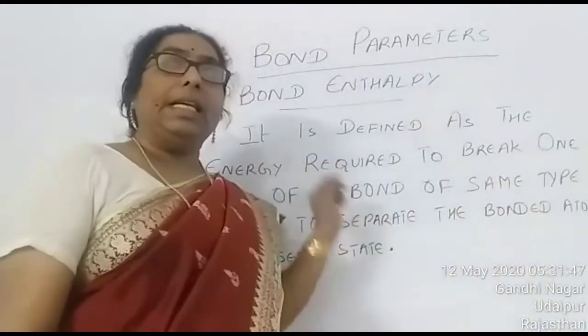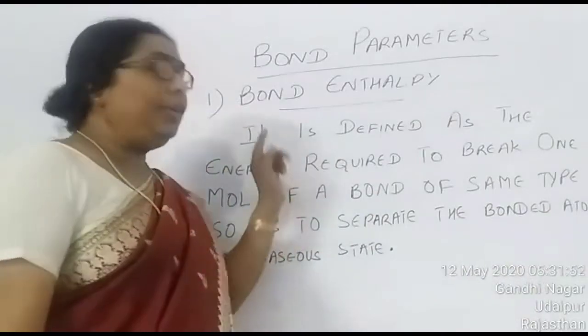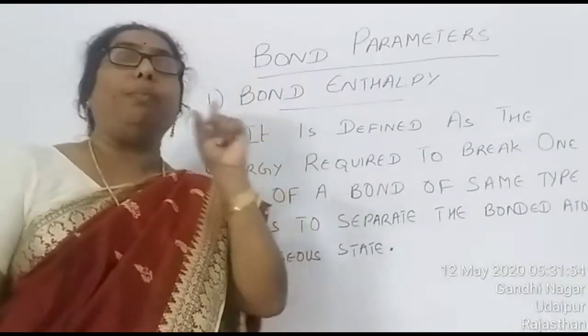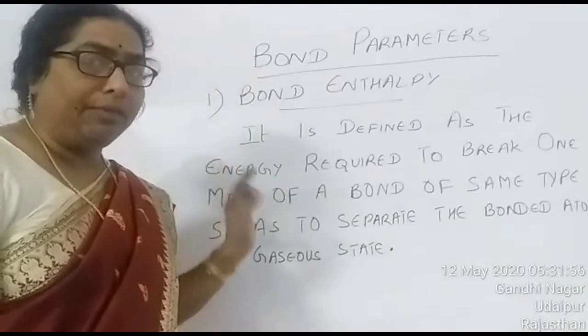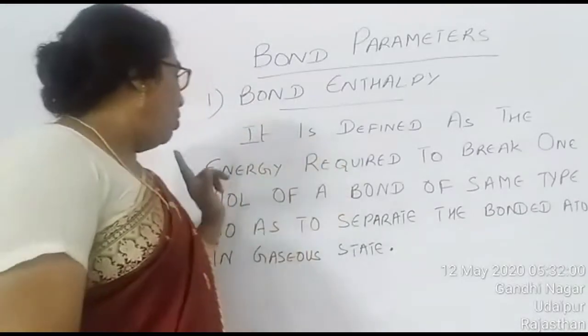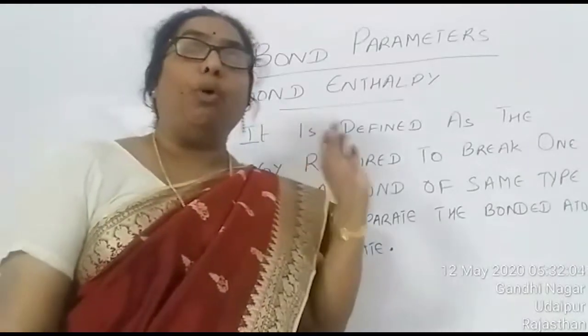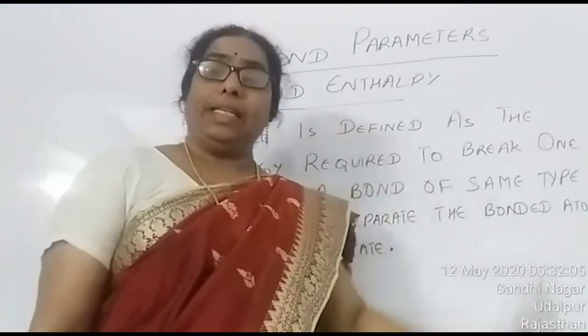Or we can say that it is the enthalpy required to break 1 mole of a bond of a type. Whatever be the energy required to break 1 mole of a bond of the same type so as to separate the bonded atoms in the gaseous state.